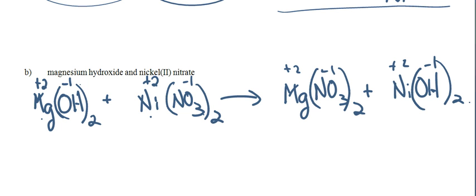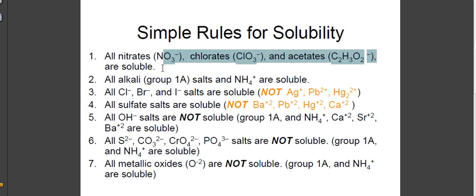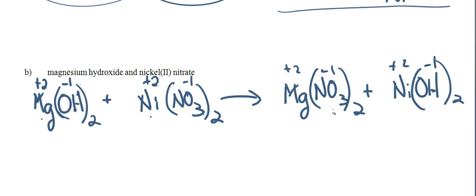Magnesium nitrate. Let's look at, again, our products here. Is that soluble or not soluble? Focus on the nitrate. What's the rule with nitrates? All of them are soluble. So all nitrates are soluble, so the first one is not going to form a precipitate.